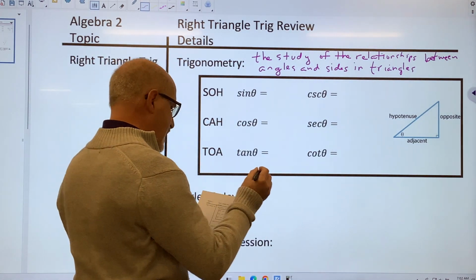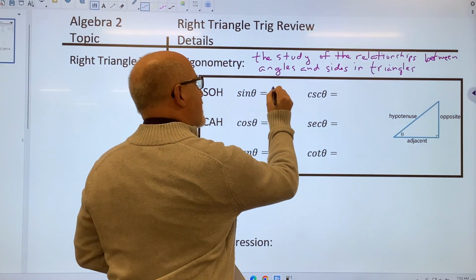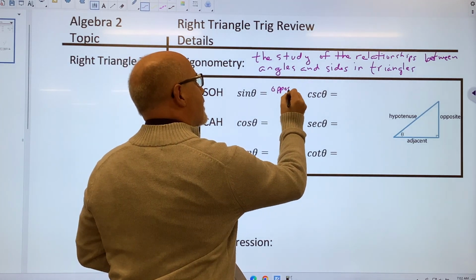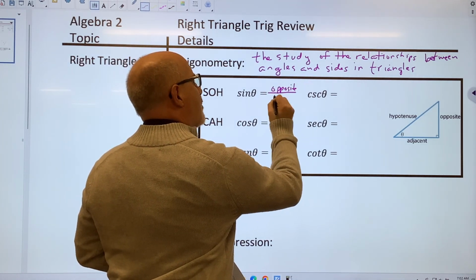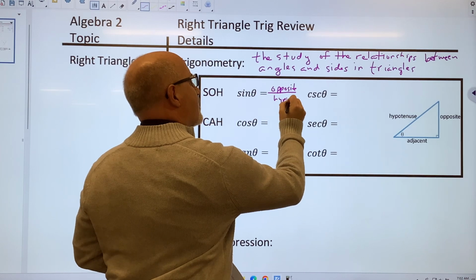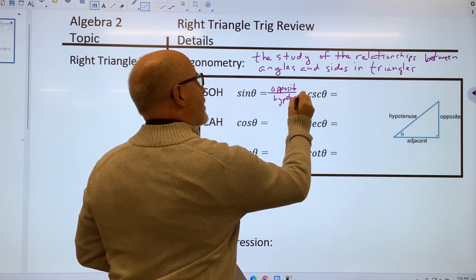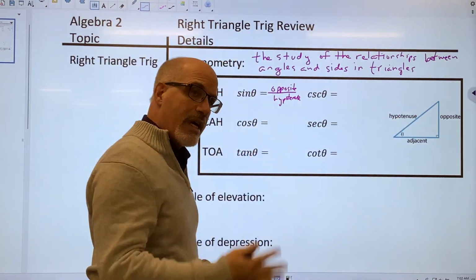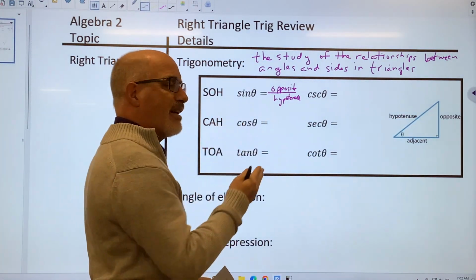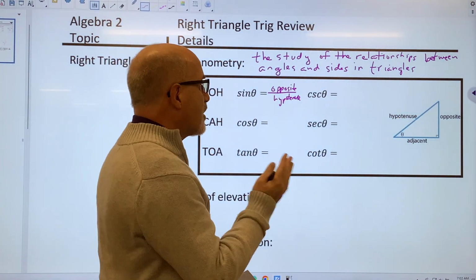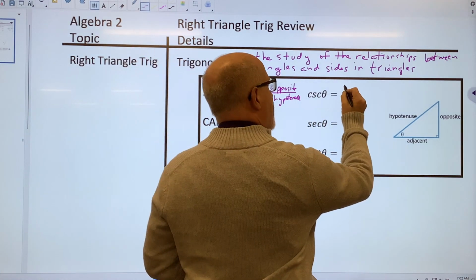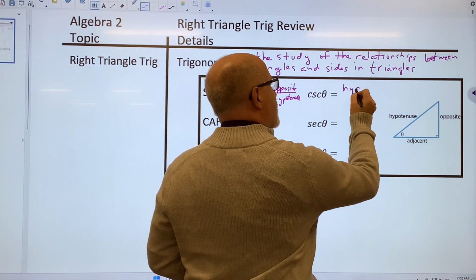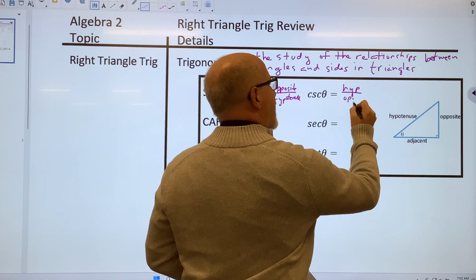So first of all, sine is the opposite over the hypotenuse. So if you know the opposite side and you put it over the hypotenuse, that ratio is what sine of the angle equals. Cosecant then would be the reciprocal. So we put the hypotenuse over the opposite side.